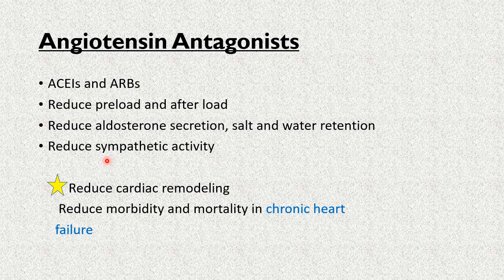It will reduce cardiac remodeling, and it will reduce morbidity and mortality in chronic heart failure. You can get a question, what is the rationale of using angiotensin antagonist in the treatment of chronic heart failure? In that question, you would write that it reduces preload, afterload, aldosterone secretion, sympathetic activity, and reduces cardiac remodeling and morbidity and mortality. These lines are really, really important because we have to prevent the remodeling, right?